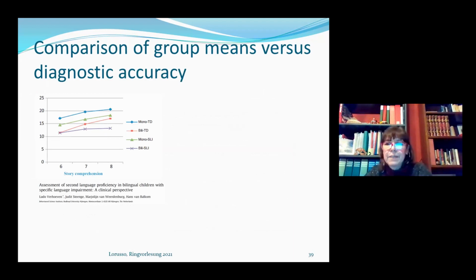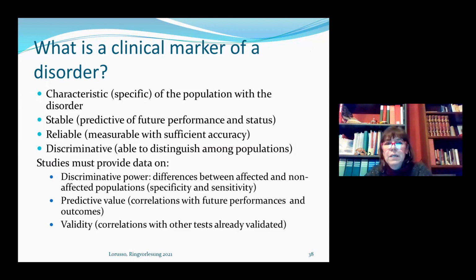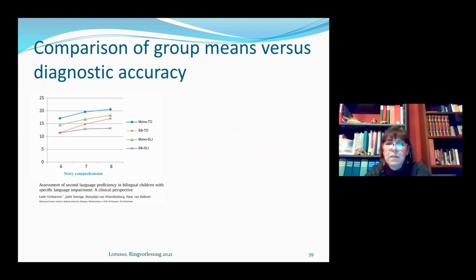So finding studies with those characteristics and so giving information on the clinical markers is unexpectedly very difficult, because most of the studies on monolingual and also on bilingual population give information about means.